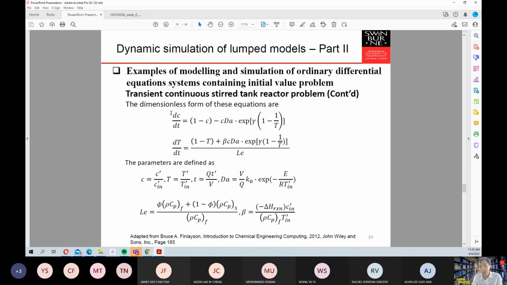Note that the first equation is a function of the concentration and a function of the temperature. The second one is a function of the temperature and also a function of the concentration. So these two equations are interlinked. These ODEs have to be solved simultaneously.